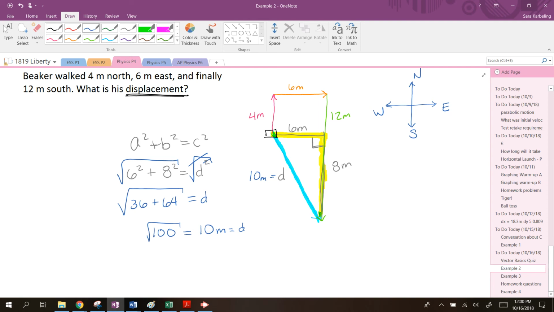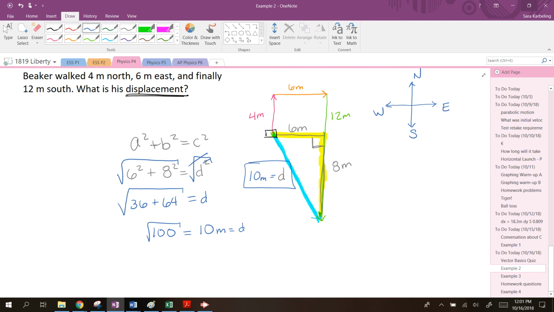Displacement needs to be a vector, so it also has to have a direction. So you may want to just put a box around that and say it's done, but actually it's not. Because we need to say in what direction. Otherwise, you're just saying that Beaker walked 10 meters, or he's 10 meters from his starting point.